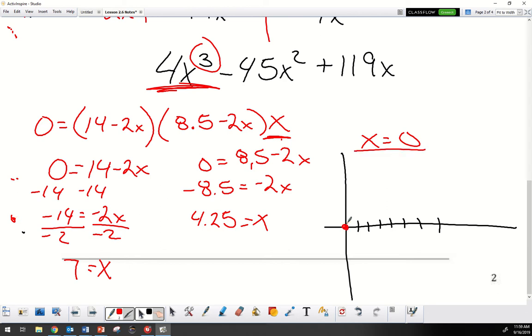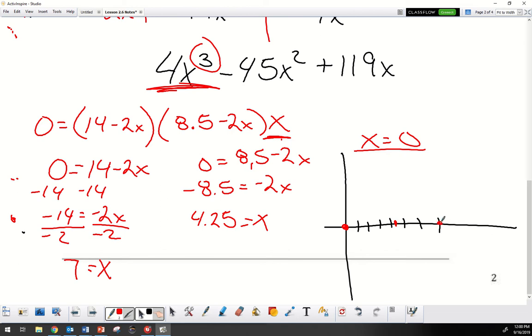So I'm going to put a dot right there. It's also equal to 0 at positive 4.25, right about here. And it's also equal to 0 at positive 7, right, Leslie? So at 7, put another dot right there.